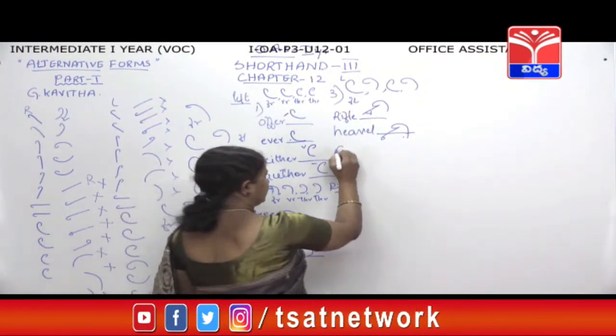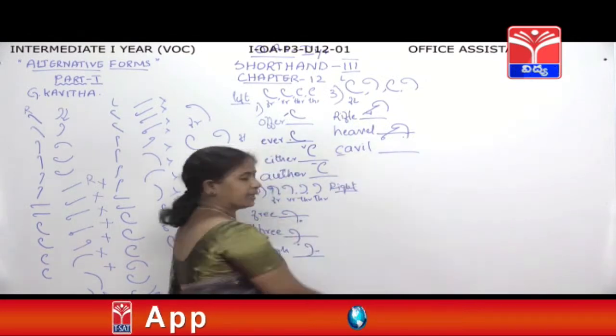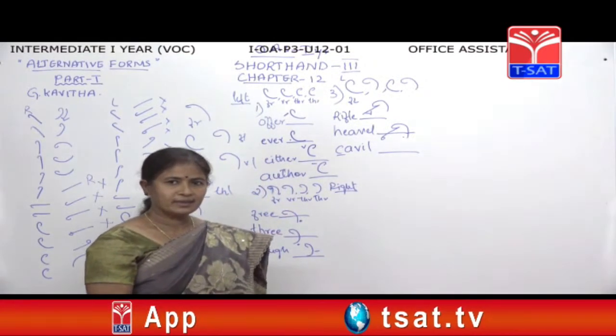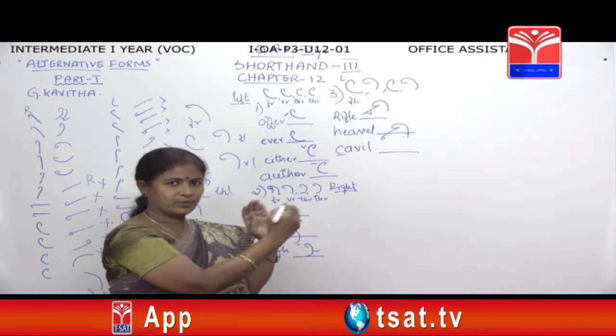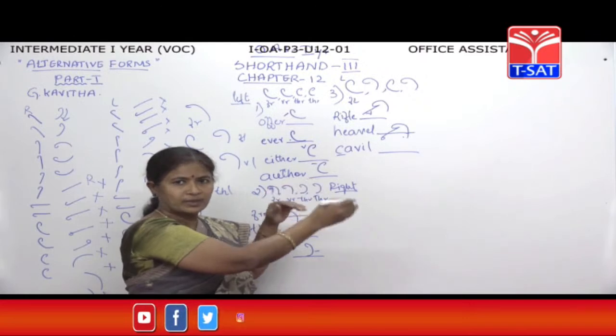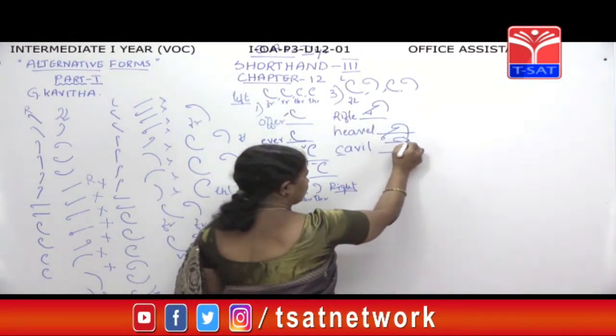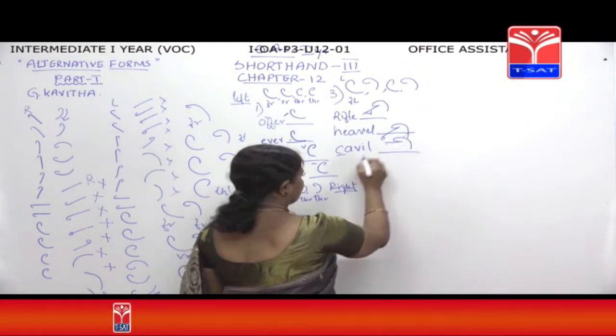Camel. K is a horizontal. How do we write K? It goes towards the right side, isn't it? Left to right. So, K we write going towards the right side, and the right form of will is very easy to write. So, camel. Ca and will. Navel.